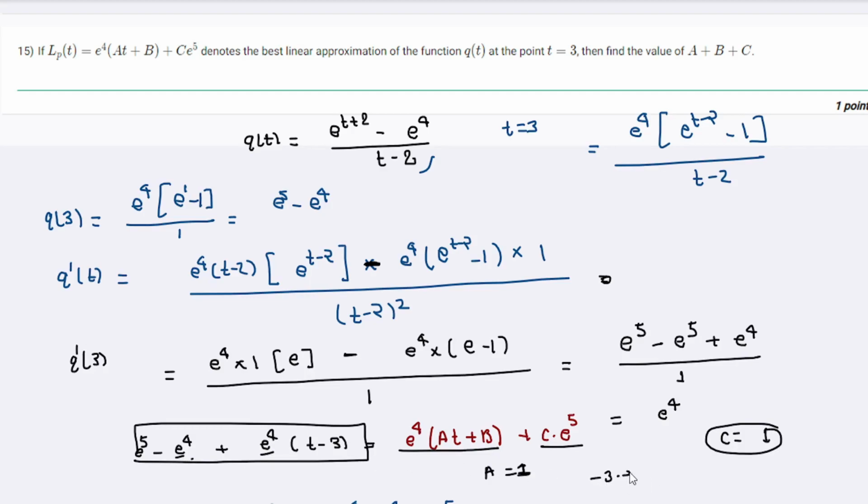First it will give minus 3 times e to the 4 and minus e to the 4, so finally it gives minus 4 times e to the 4. So from here a is equal to 1, b is equal to minus 4, c is equal to 1. So a plus b plus c will give minus 2.